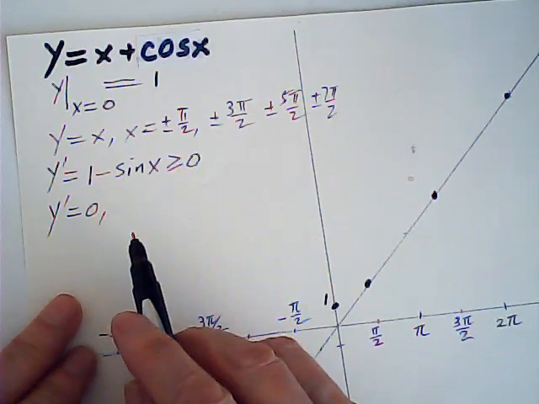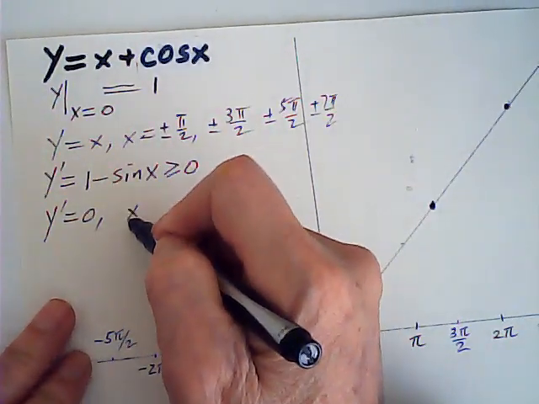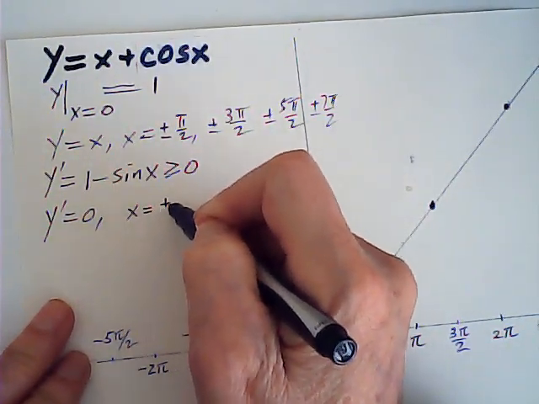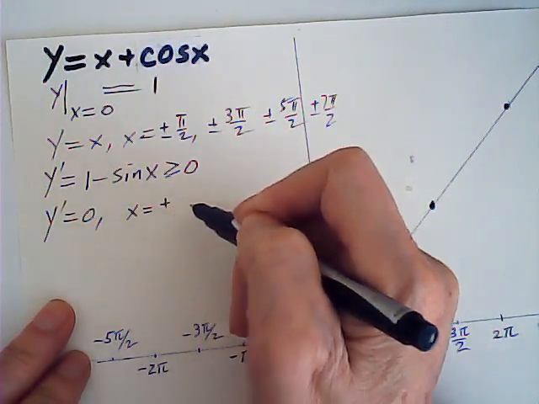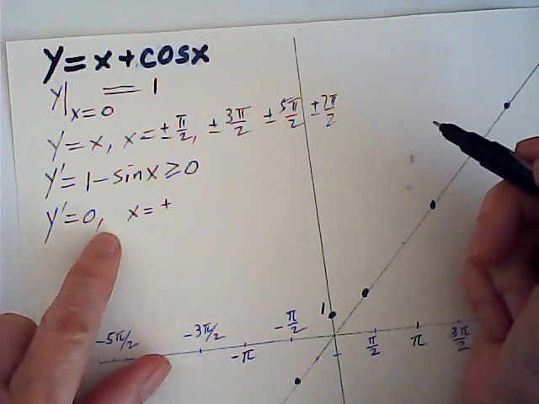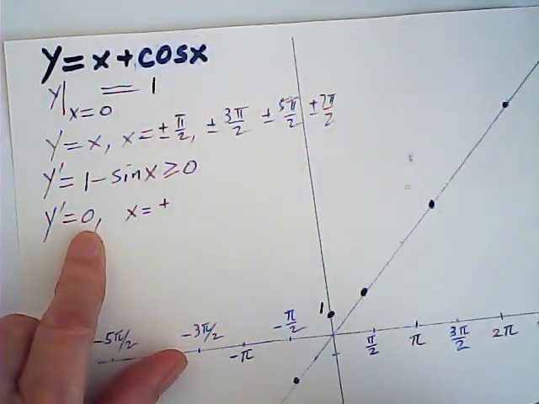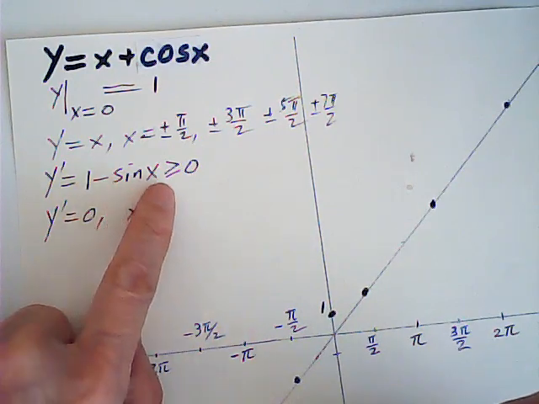Now, the first derivative equal to 0, which means sine x is equal to 1.